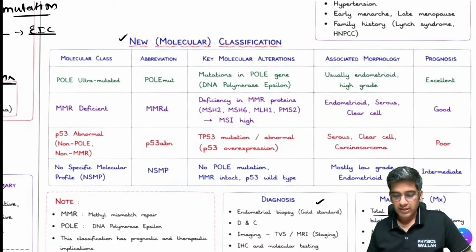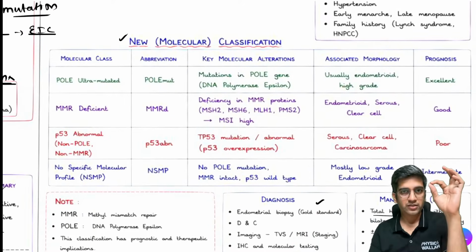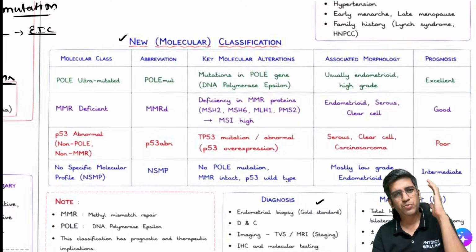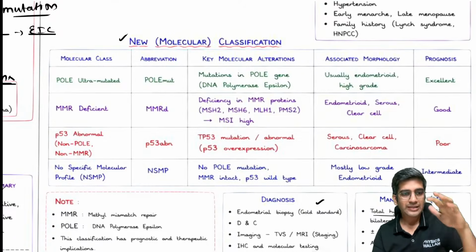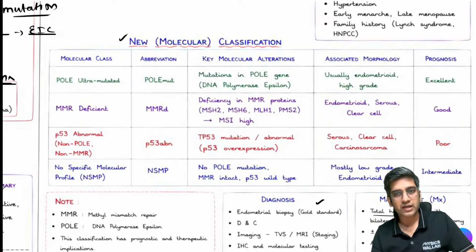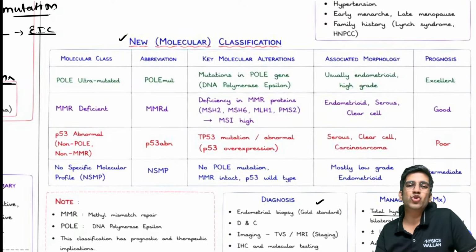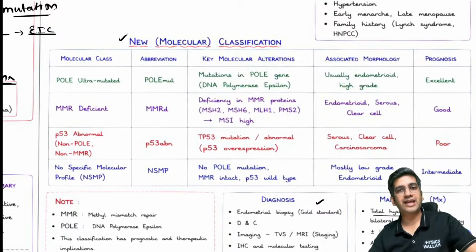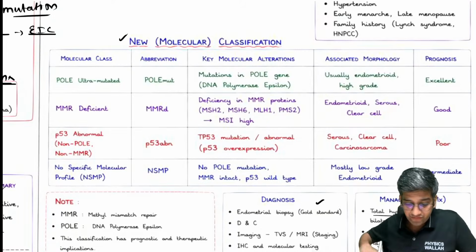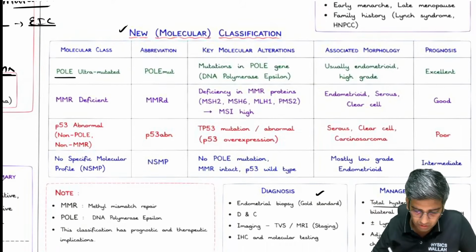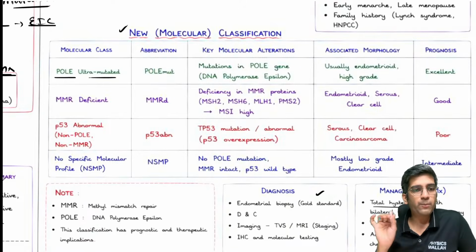Let's come to this. The new classification is very important because it's purely prognostic. Till 4-5 years back, I had to report the microscopic type of the endometrial cancer. Now I don't want to do that. I take a biopsy, I look at the microscopy, and I tell whether this is a cancer or not. If it's a cancer, then I'll send it to molecular genetics. There are 4 types. One is POLE ultra-mutated, where you have a POLE mutation.